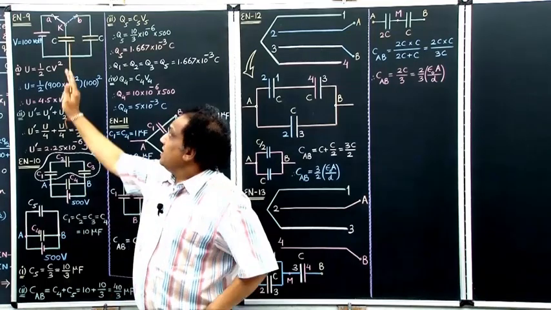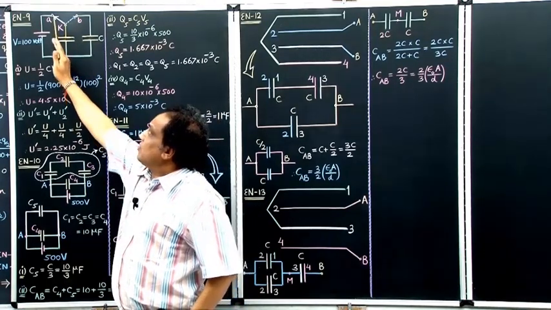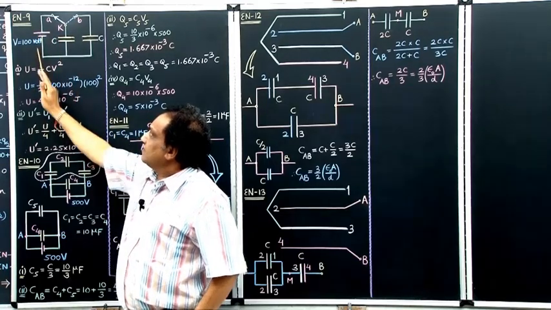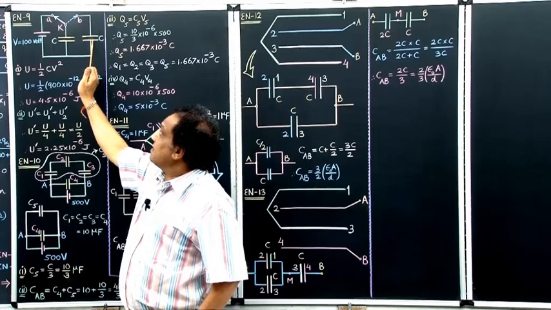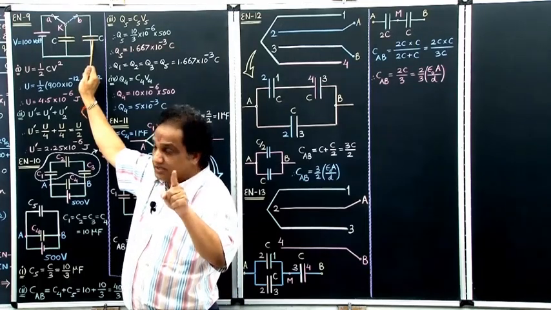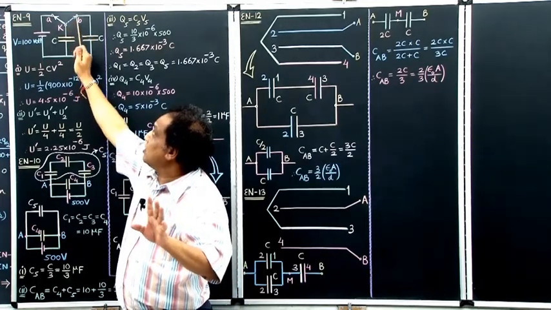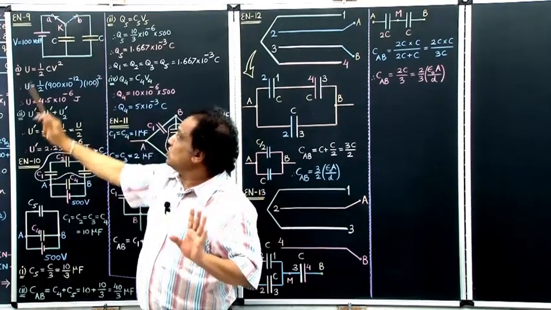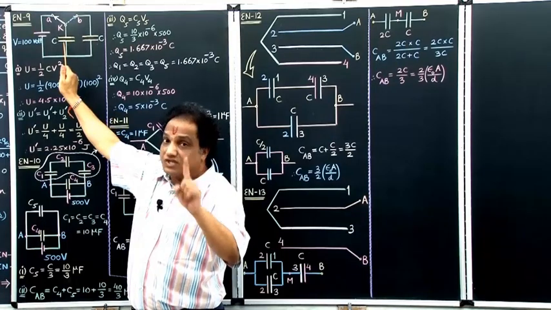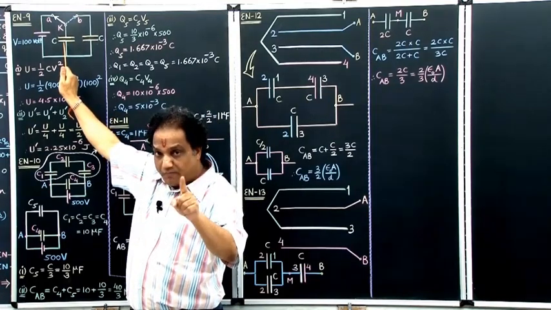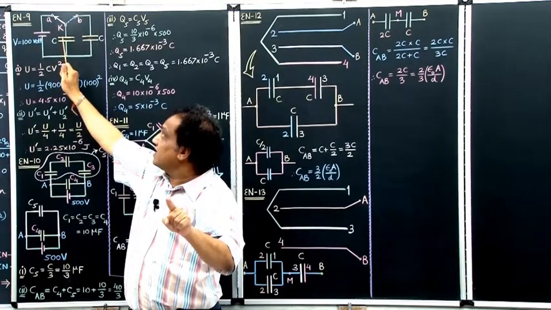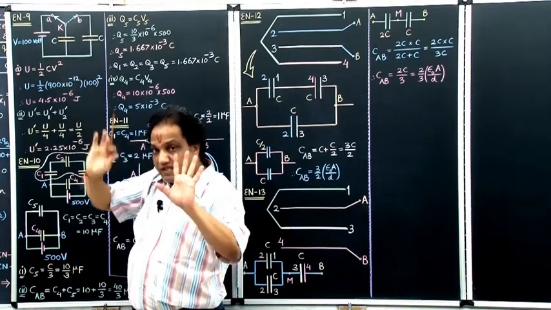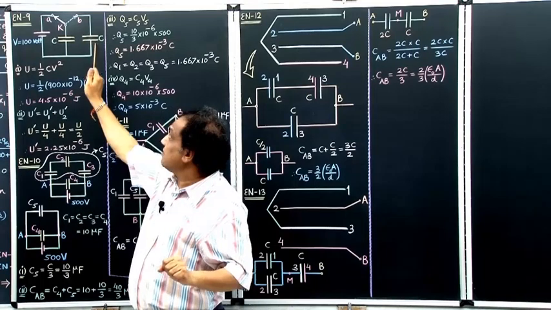Fine. Initially the connection is made between these 2 points where the battery is connected across this capacitor. At that time this capacitor is not there in the circuit because there is no connection between these 2 points. So only this capacitor will get charged up, and so electrostatic potential energy will be stored in the electric field in the region between the 2 plates of this capacitor. At that time there is no energy stored in this capacitor.